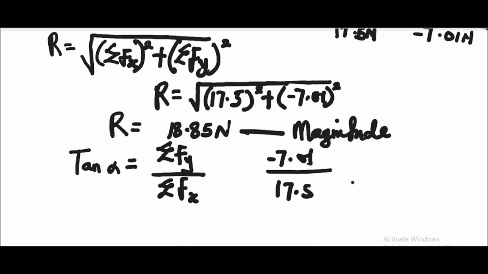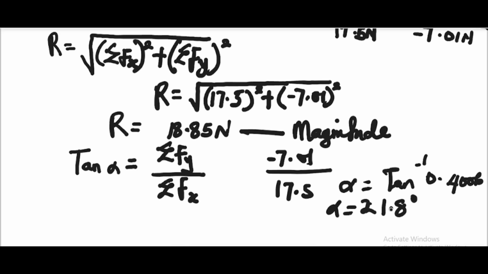So we'll have alpha to be the tan inverse. When we divide, we're going to have 0.4006. So our alpha, when you check with your table or your calculator, is approximately 21.8 degrees.